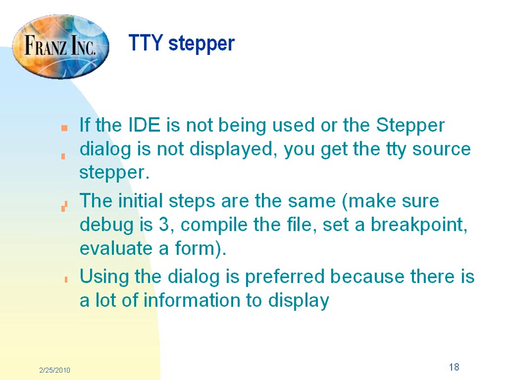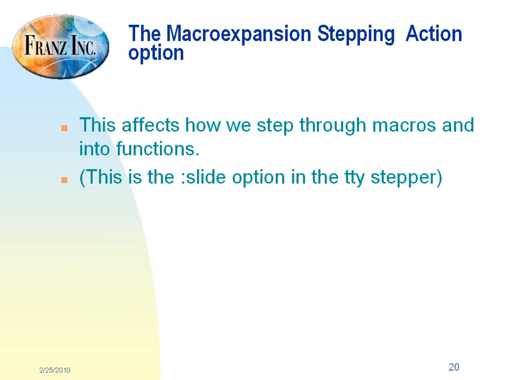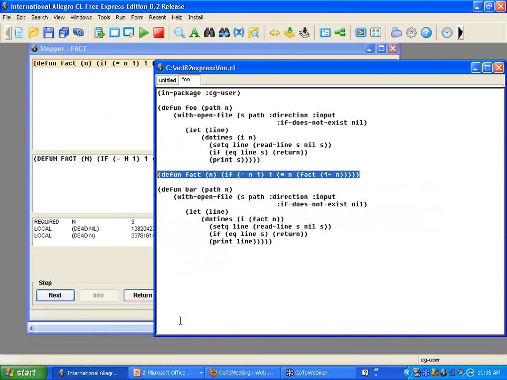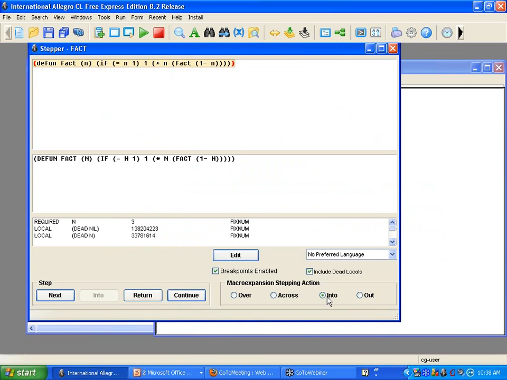We're not going to go into this, but when you are going into a macro expansion, there are various ways. Let's just go back and look at the stepper dialog again. There are various macro expansion stepping actions.